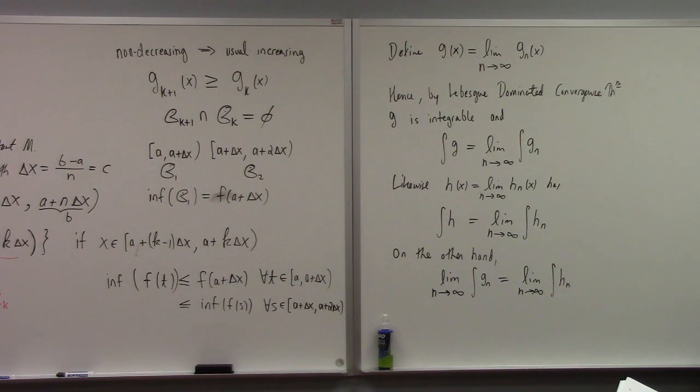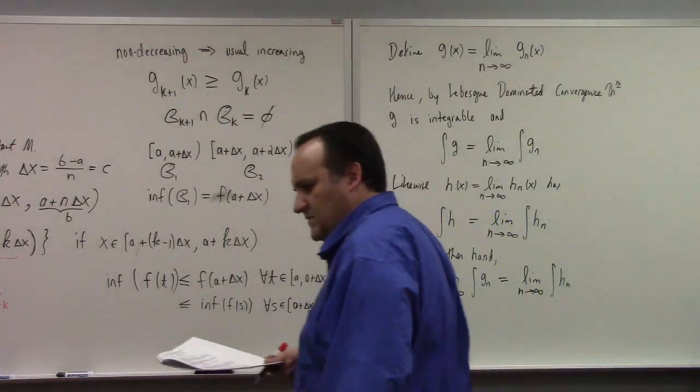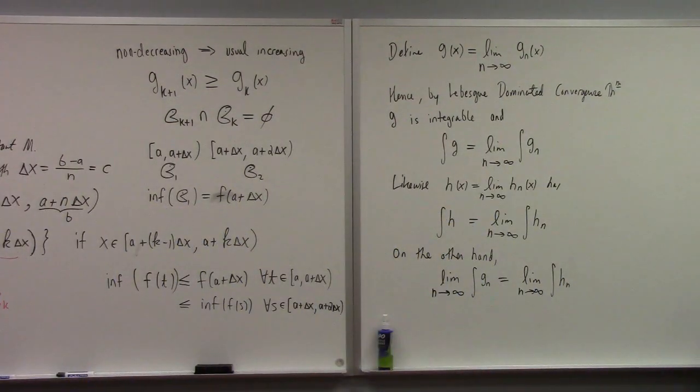Is this the Darboux? I don't know right offhand. I'm not an expert in integration by any means, and I haven't read this section yet, but I think these are the upper and lower integrals, is what I'm saying.